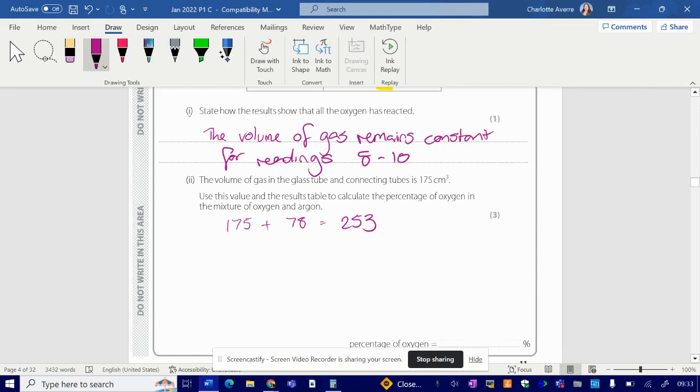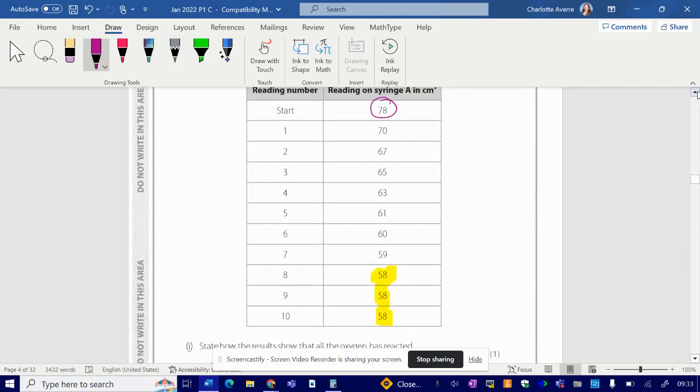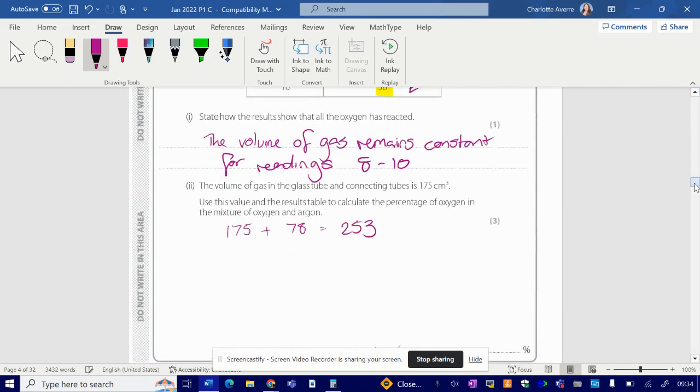Okay, I also know that the amount of oxygen present, if I look at my data, I've gone from 78 to 58, so that means that 20 centimetres of my air was oxygen, because remember the oxygen has reacted with the copper and has been lost, so that loss shows me the amount of oxygen.